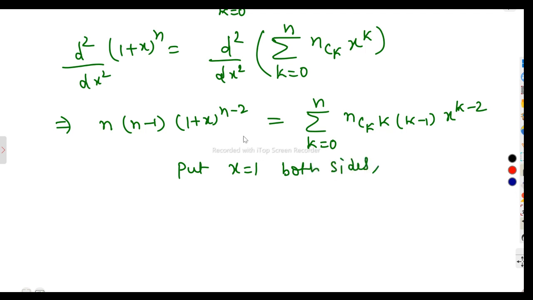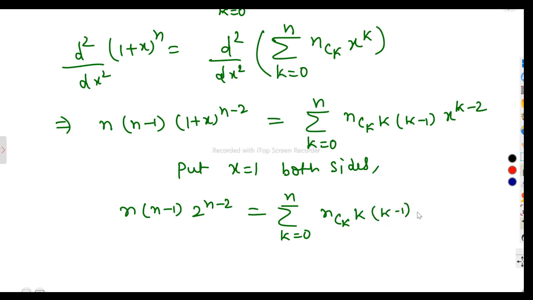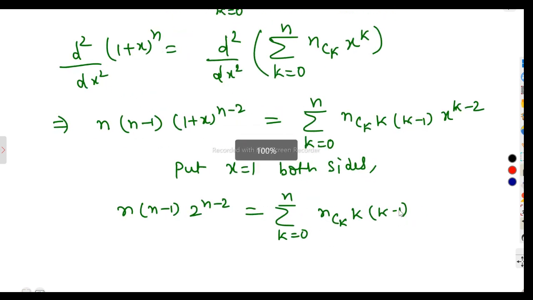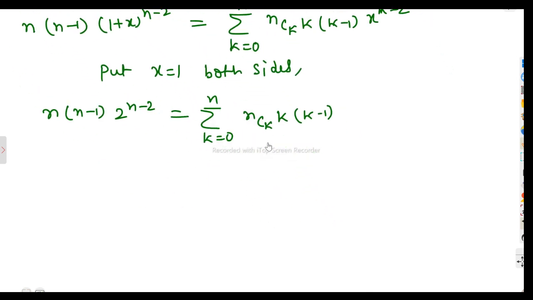So this is equal to n into n minus 1 into 2 raised to power n minus 2, equal to the summation k equals 0 to n of nCk times k into k minus 1.